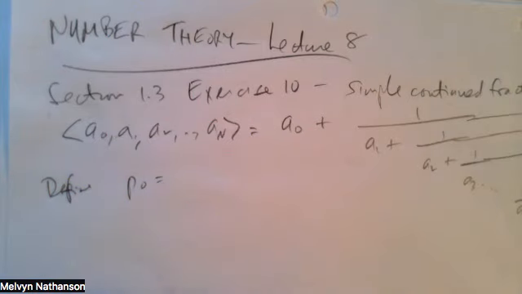Wait, what problem is that? I don't think that's problem 10, right? In section 1.3, this is problem 10. Why don't you read the problem that you're looking at? Assume that the statement holds for some k, h sub k equals p sub k over q sub k. I'm sorry, which number is that? It says number 10. On what page? Or in what section? Because no problem would start with "assume that"; it would have to explain what those numbers are.